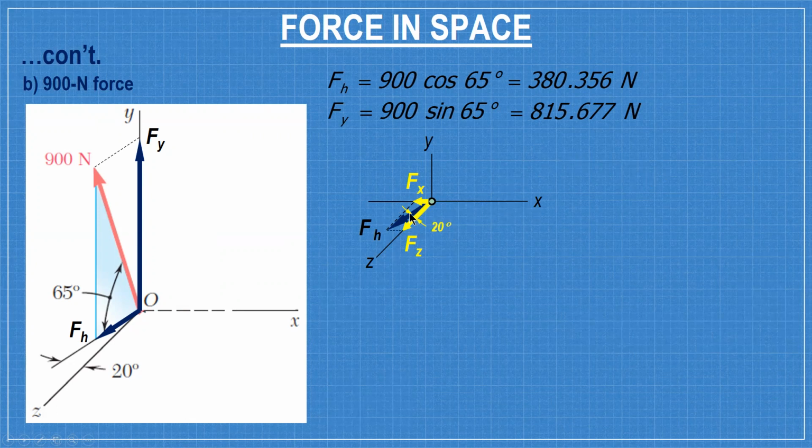In this case, Fz is the cosine, because of the angle. So Fz is adjacent, Fx is opposite. Negative, because of the direction.